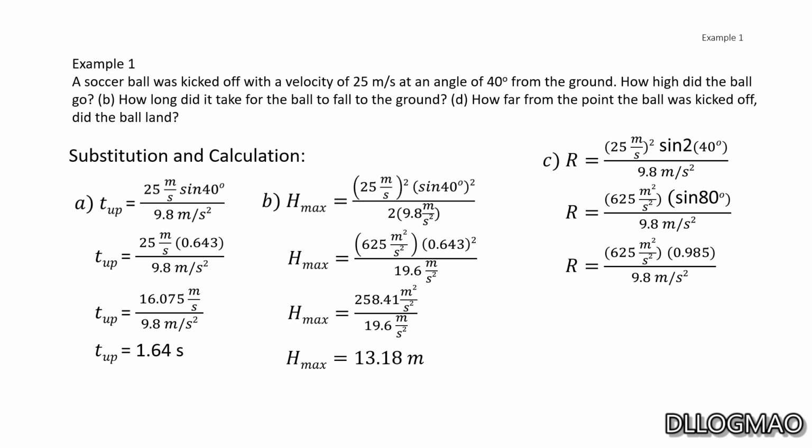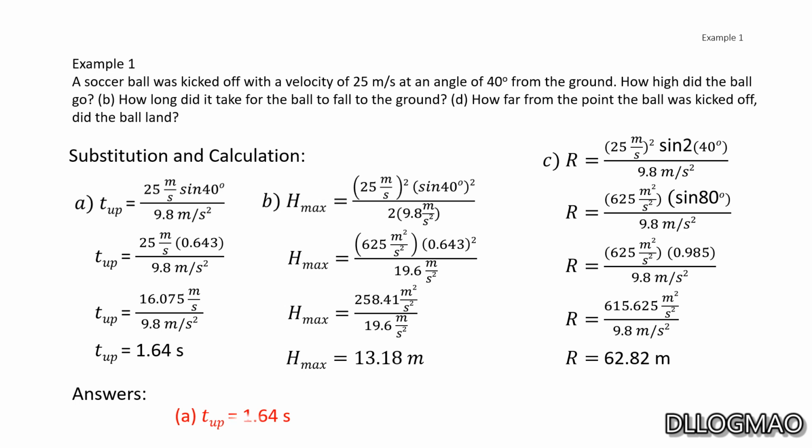The product is 615.625 meters square per second square. Then divide by 9.8 meters per second square. The range R is 62.82 meters.